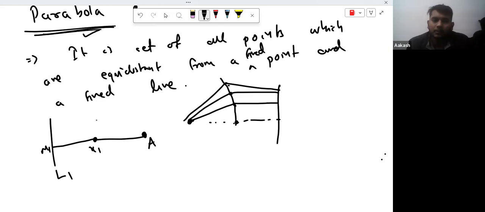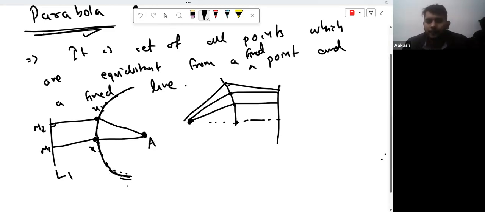If there is a point x2 such that A x2 is equal to m2 x2, and so on, we have a lot of points. If you collect these points and join them, you will get a parabola. Write it down.